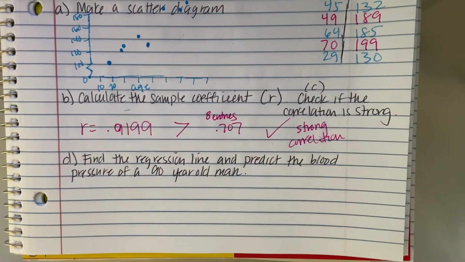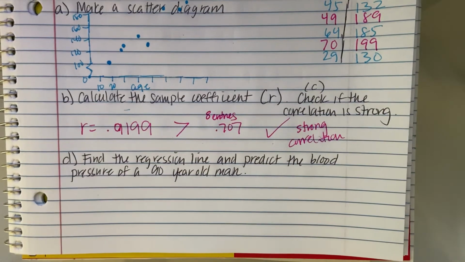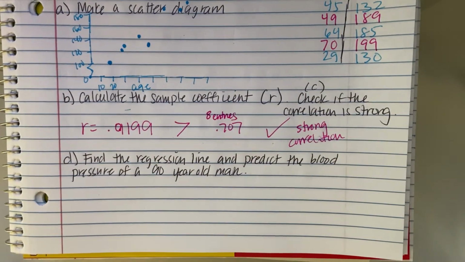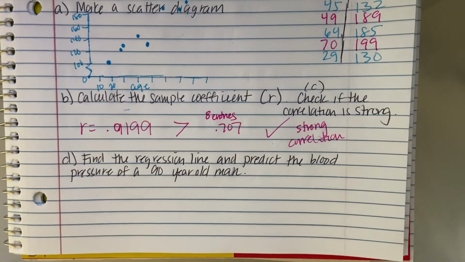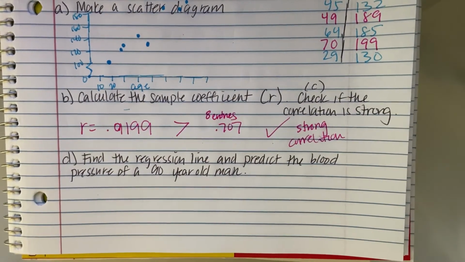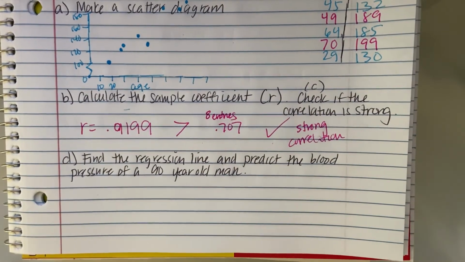So I'm going to put the same set of data into my regression line calculator. And when I do that, I get the equation. Does look like we have a positive slope.